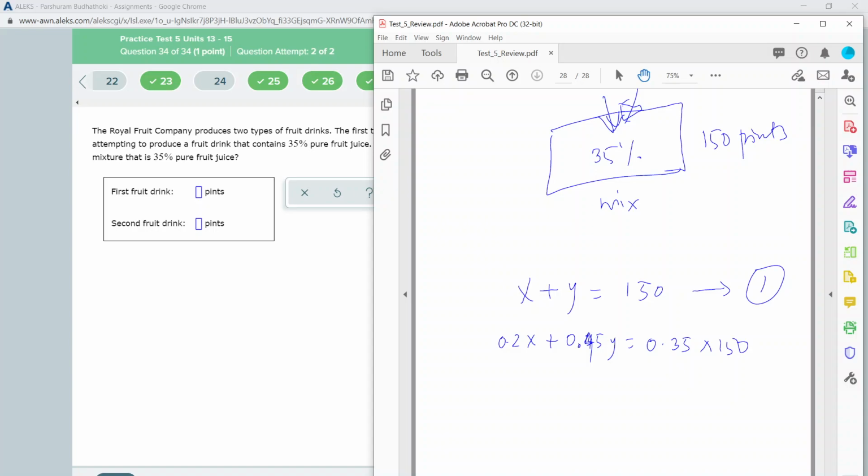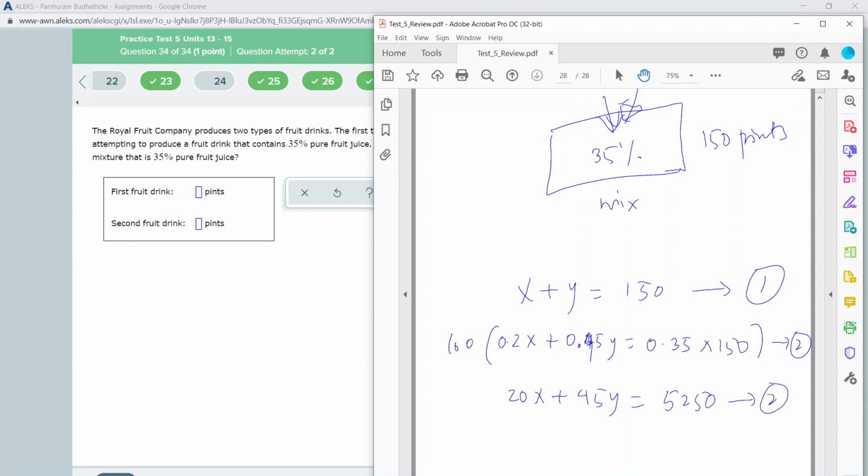I don't like these decimal numbers, so I'm going to multiply equation 2 on both sides by 100. By doing that, I get 20x plus 45y equals 35 times 150. Using my calculator, 150 times 35 is 5250.